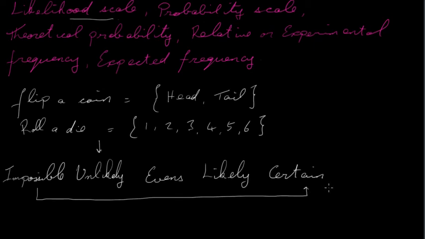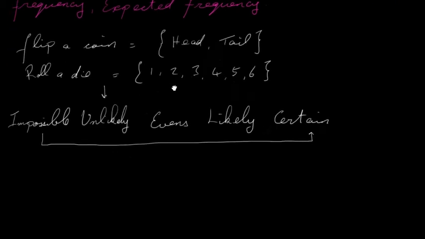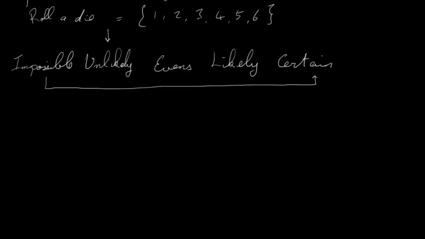So there is another scale then called the probability scale, and that scale goes from 0 to 1. So we would just simply draw a line, and we would say that down here we'll have 0, and up here we'll put a 1, and in the middle here I'm going to use decimals, so I'm going to say this is 0.5.